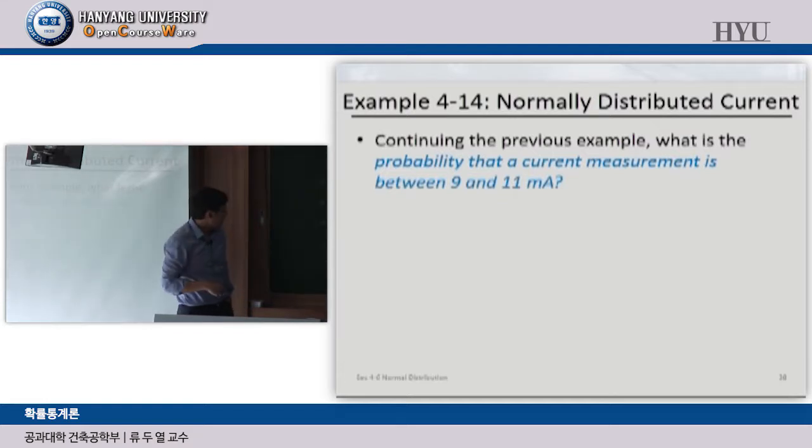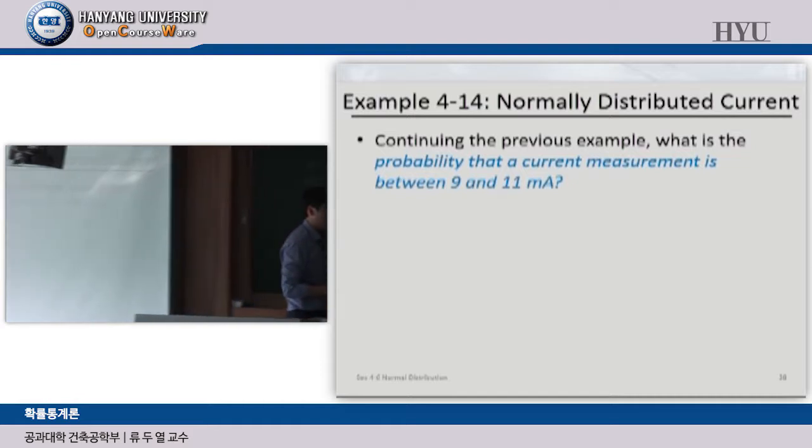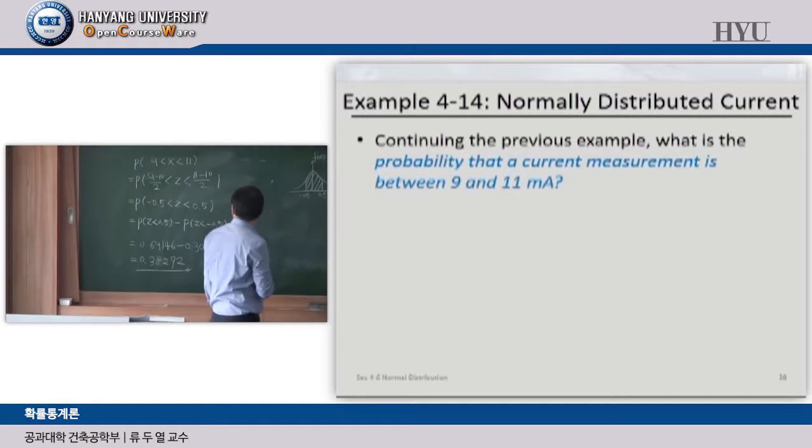So by using the appendix table and the standardizing method, we can simply calculate the cumulative probability.